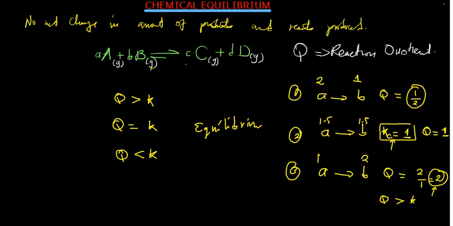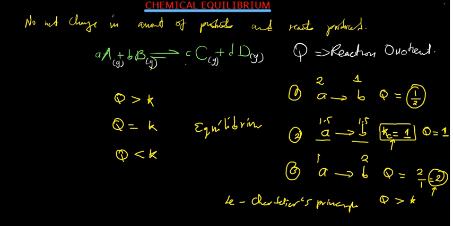Now, by Le Chatelier's principle, when a system which is at equilibrium is supplied with a stress, that means we change anything for a system at equilibrium, whether we change concentration, temperature, or even pressure, the system is going to shift in a direction to reduce that stress which has been offered.